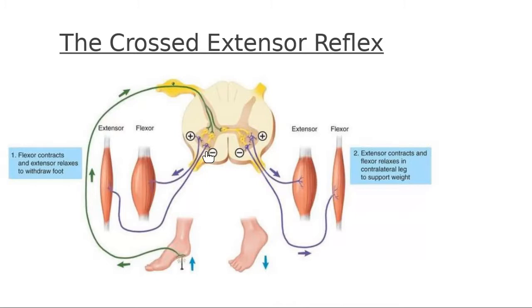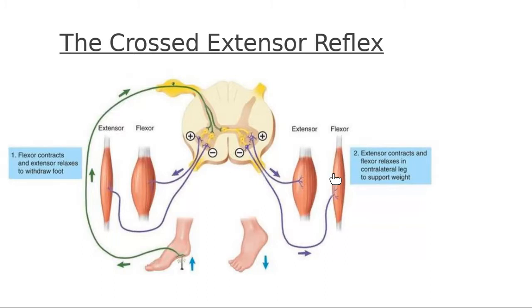One of them is going to send a negative message to an extensor muscle on the side of the foot that we stepped on. Check out this interneuron though. This is also going to synapse with motor neurons. One of them that gets a positive message, one of them that gets a negative message to change what's going on with our muscles on the opposite side of the body.